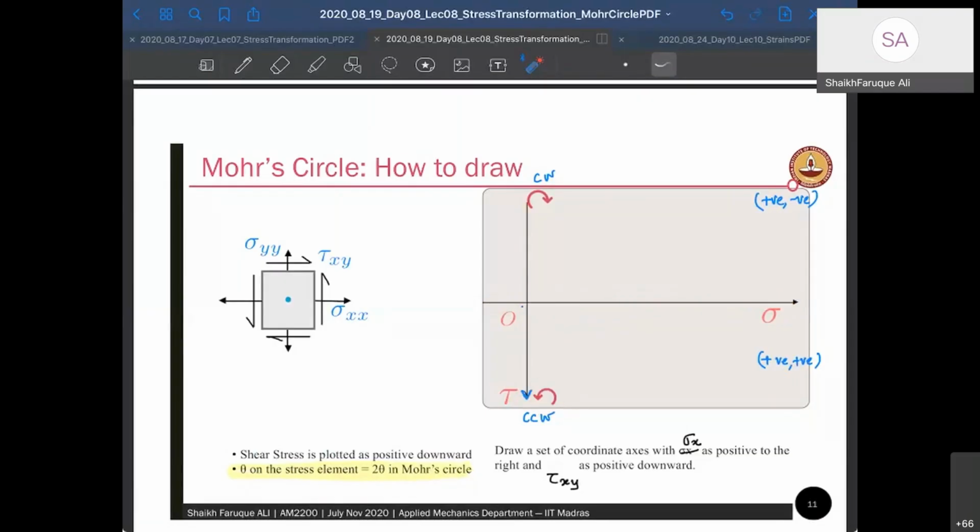Please note, we are now changing our understanding. This is a counterclockwise shear stress, and that's a clockwise shear stress, which is on the top, and that's negative. So I've written positive, negative on this side, and similarly this side will be negative, negative, and this will be negative, positive.